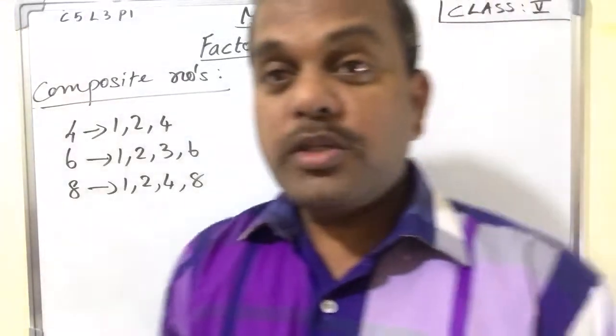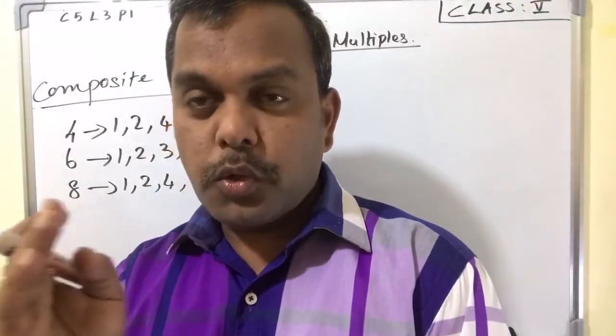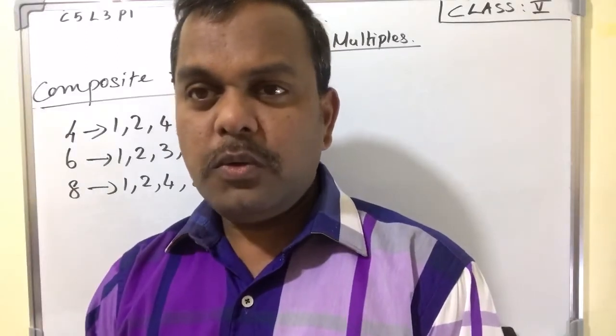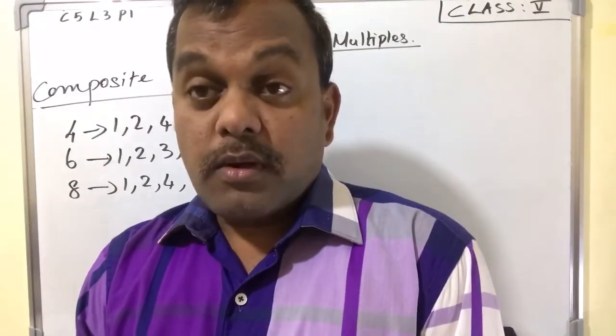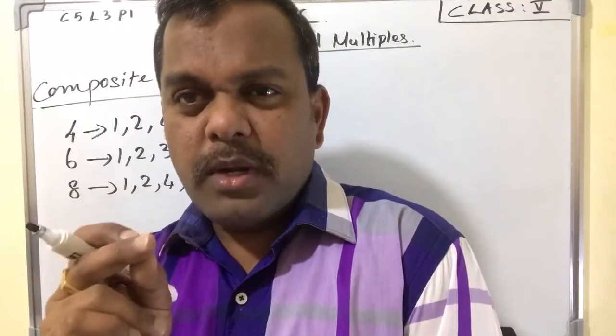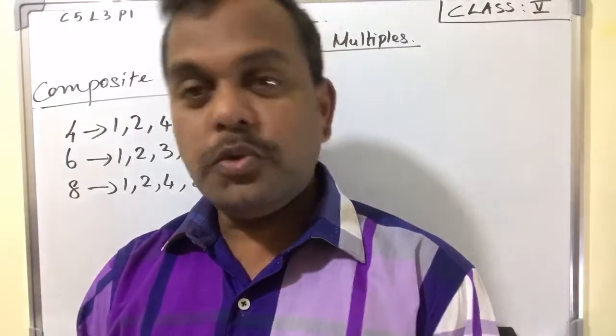Okay, now I am going to write numbers 1 to 20. From 1 to 20, what are the prime numbers and what are the composite numbers? You have to write.